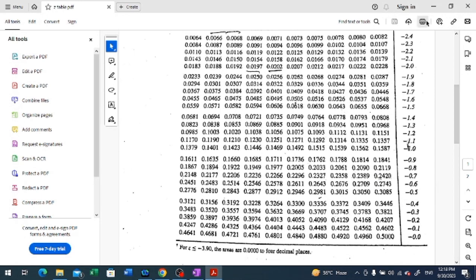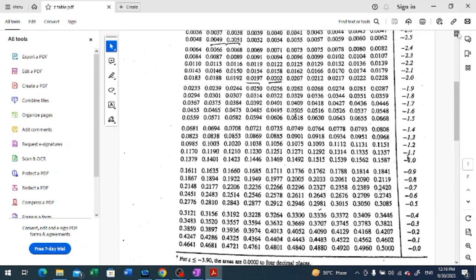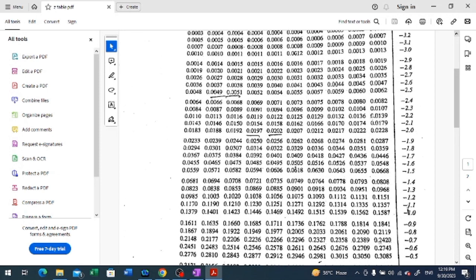So 0.2 probability is here. You can see 0.2005 is in the 0, 1, 2, 3, 4th column.